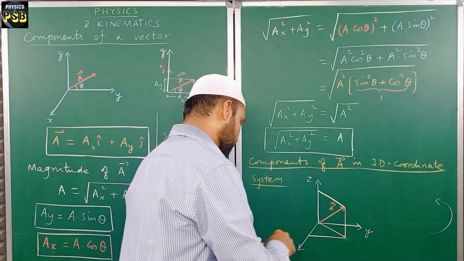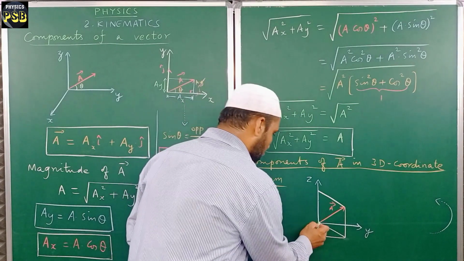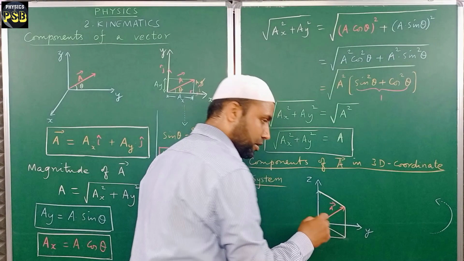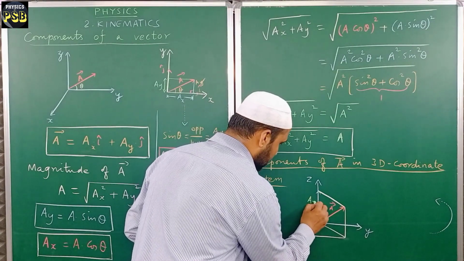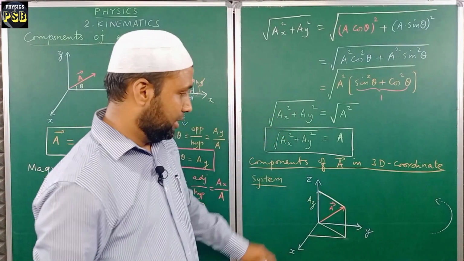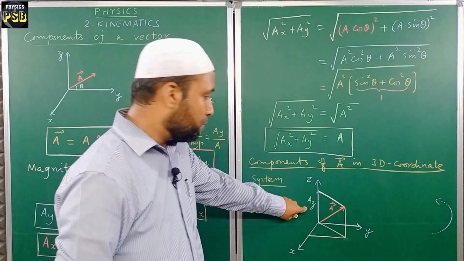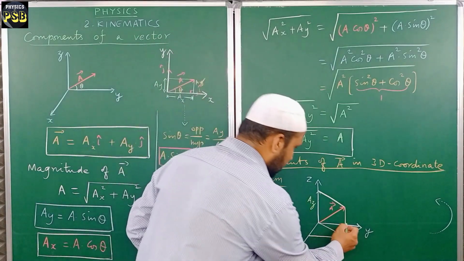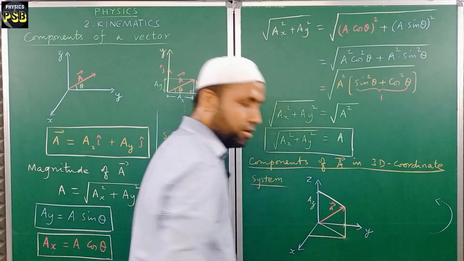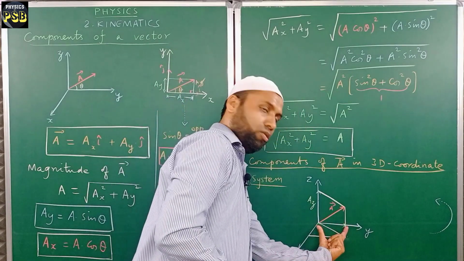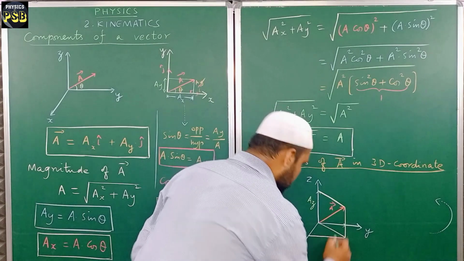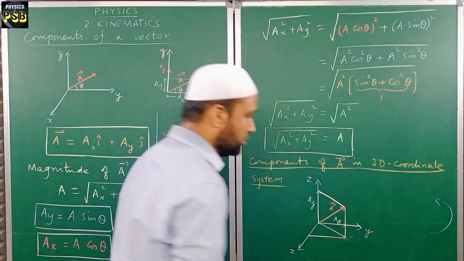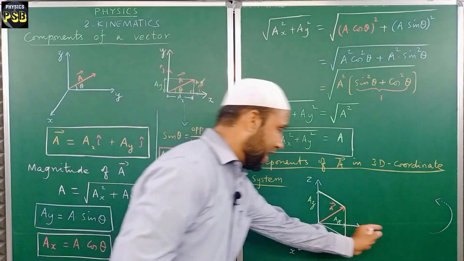The distance between the origin and this intersecting point represents AZ, the component of the A vector along the z-axis. This part of the y-axis represents AY, the component of the A vector along the y-axis.